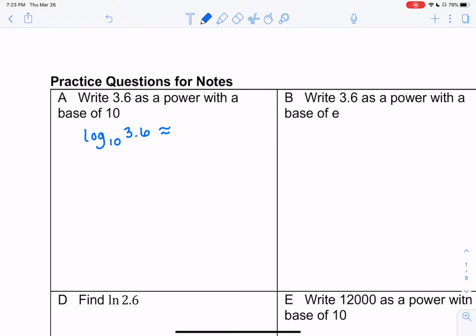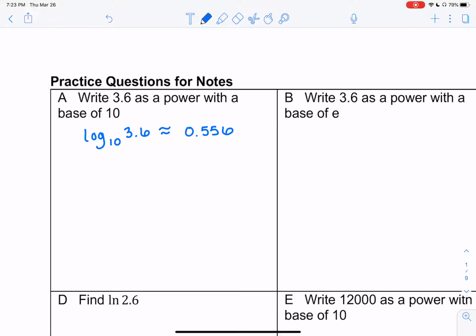In my calculator, I find log, type in 3.6, and hit equals. You'll know you have the correct answer if you get something similar to me. I got 0.55, and let's round that to 0.556. We use a calculator just to find that decimal value.